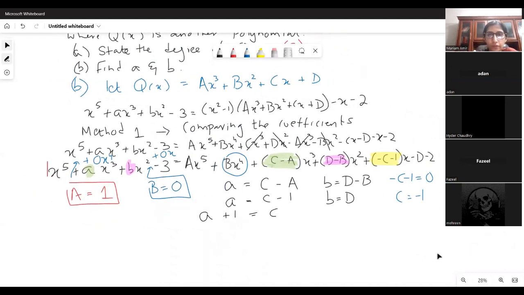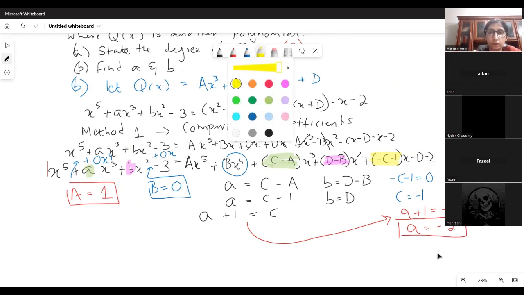So since we have capital C, now we can find small a. A plus 1 equals minus 1. So a equals minus 2, which is the correct answer. Okay. Now we're going to compare the constants on both sides.